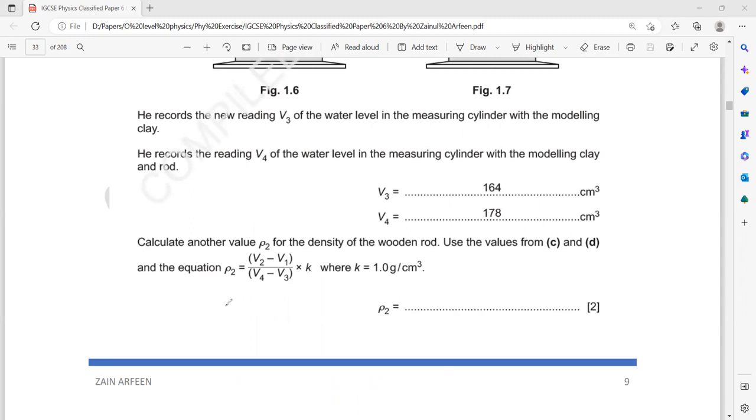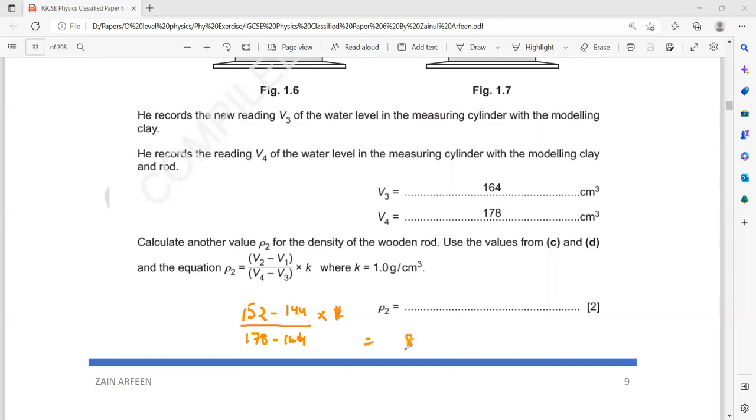So V2, I guess, was 152, minus V1 which was 144. V4 was 178 minus 164. And times K. What is the value of K? K is equal to 1, so this is multiplied by 1.